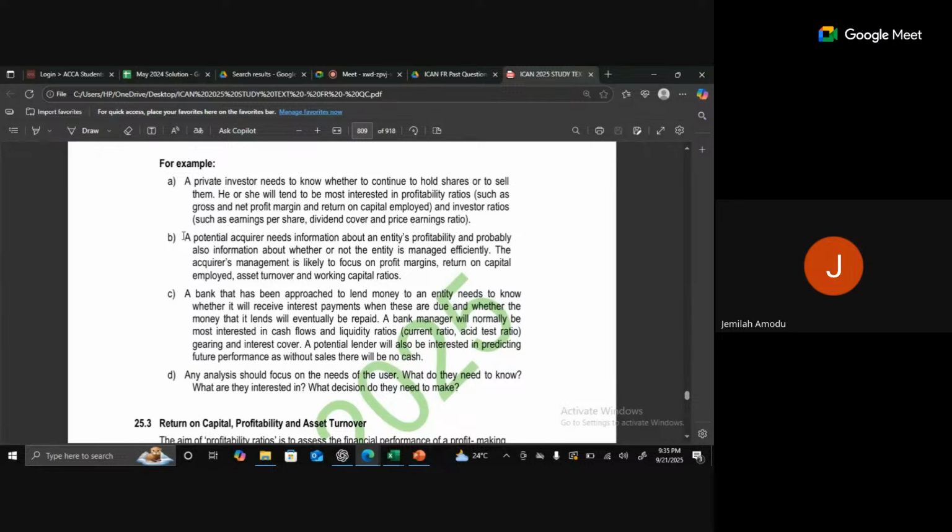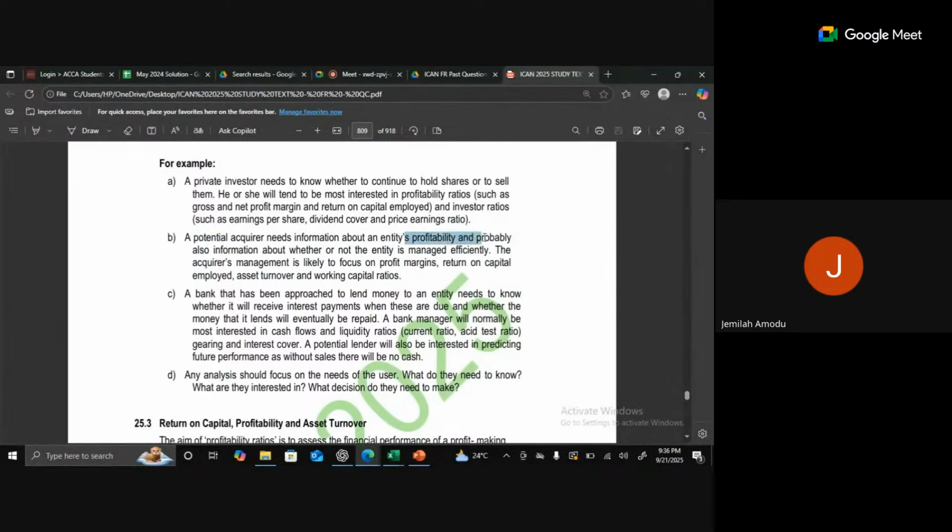Then the next one is potential acquirer needs information about entity's profitability. For example, they paint a scenario that this company wants to purchase or acquire this social company, right? And they want to get more information about it. So by the time they paint it, first thing that comes to mind is what?